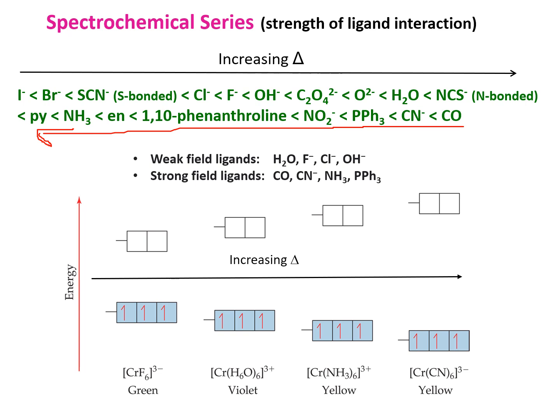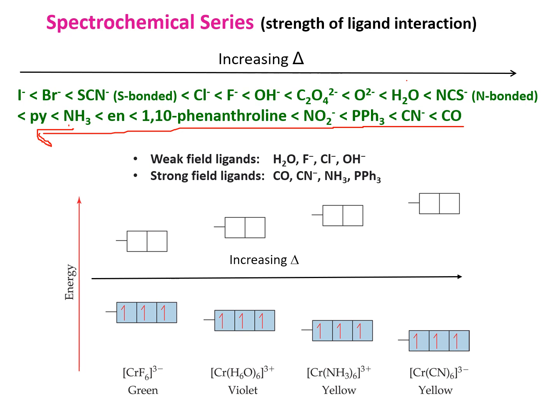Here we are showing CrF6, water and NH3, CN. If we compare all these ligands, CN, NH3, H2O and F, we can see they are in a sequence. CN is exactly on the right. Then next is NH3, then water, and then F minus.